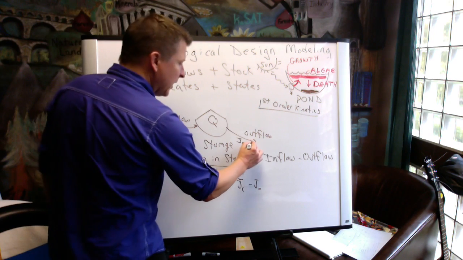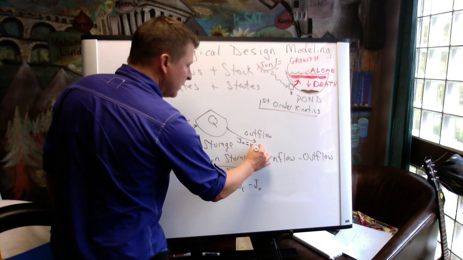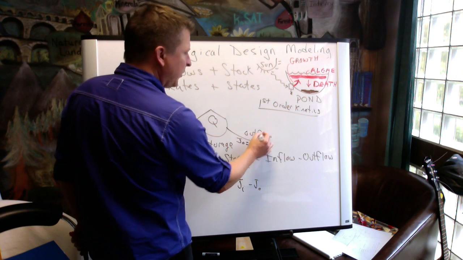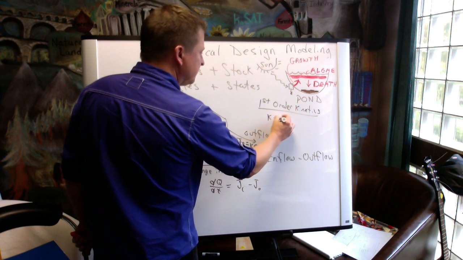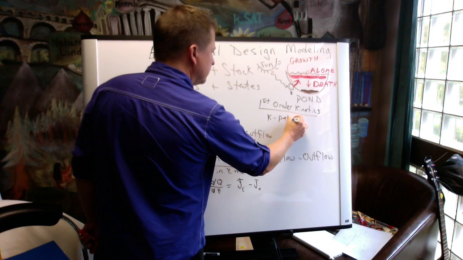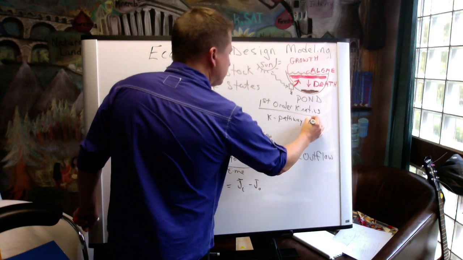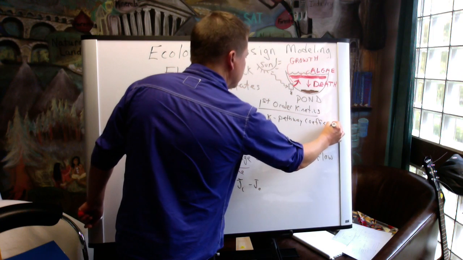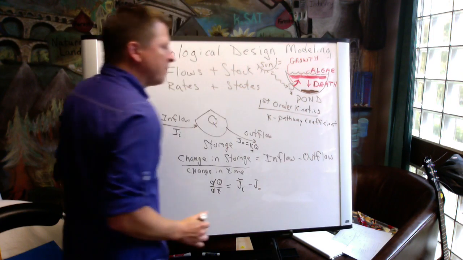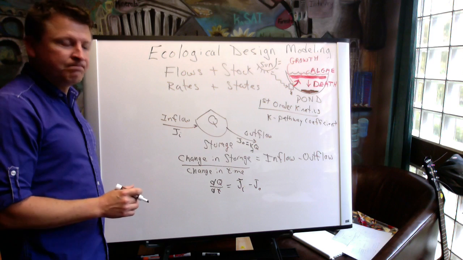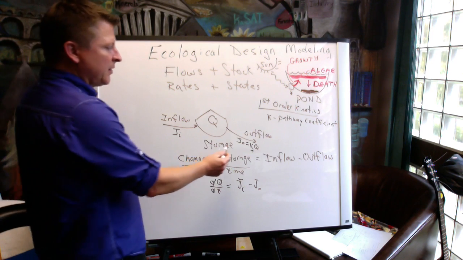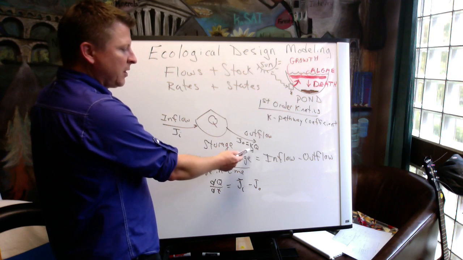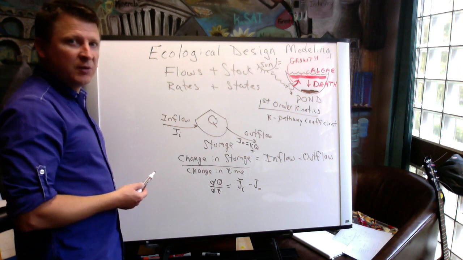J_O equals K Q. And this K, we'll call it a pathway coefficient. And it's a constant. And it means, in this case, that the flow J_O, the outflow, is going to be a constant proportion of how much we have in Q.